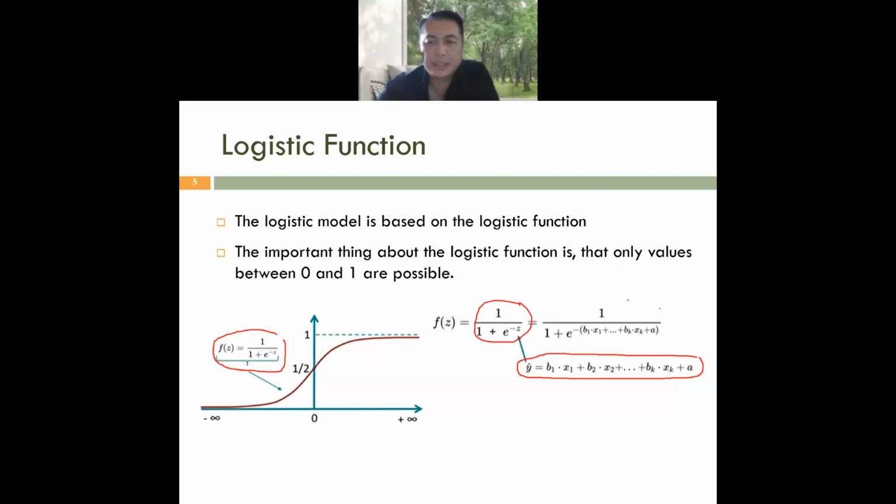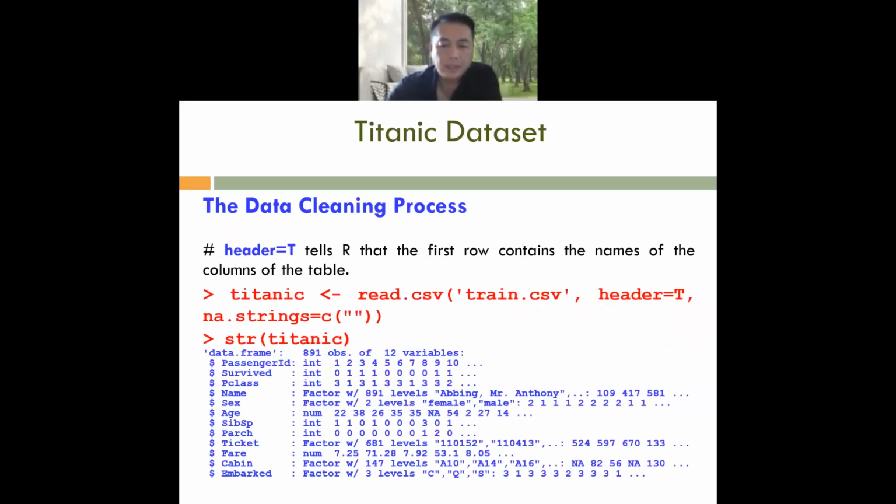Okay. So this is the formula that we will try to estimate. So whatever value we plug in for the x1 up to xk, the value will remain between 0 to 1. Okay, so that's why we use the logistic function. So that's why they're called logistic regression. Okay.